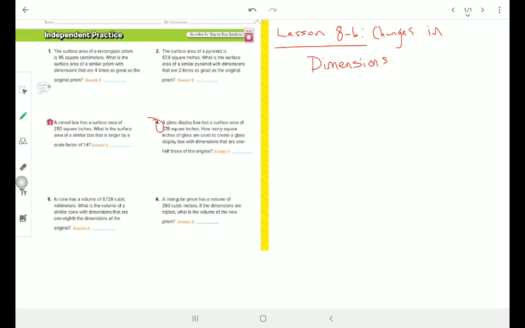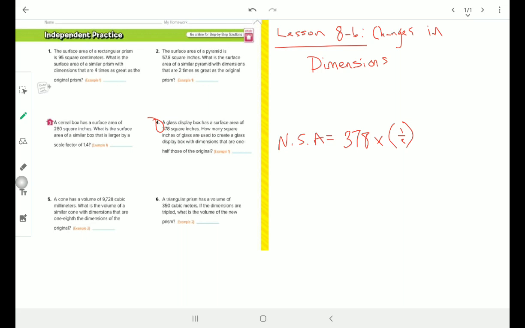So we're dealing with surface area. So I'm going to write new surface area is going to equal my original surface area, which was 378 square inches, times my scale factor. And our scale factor here is 1/2.